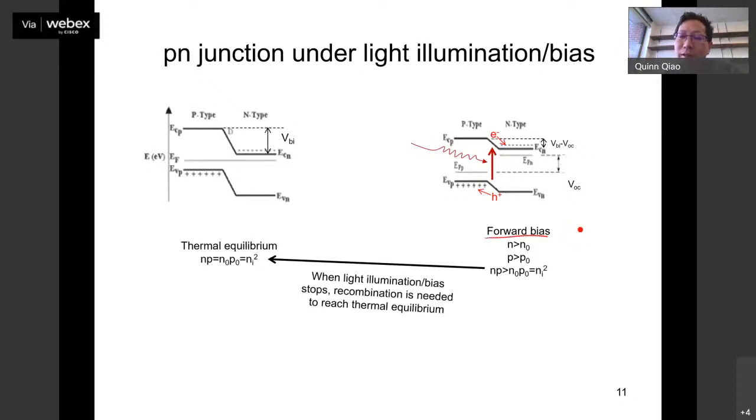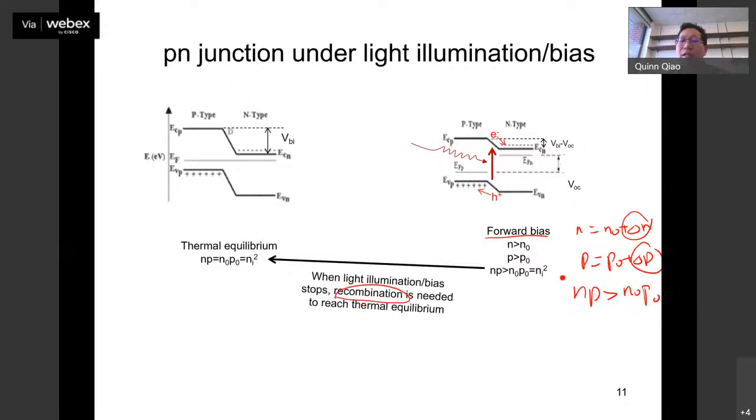Since n equals n0 plus delta n and p equals p0 plus delta p, your np will be bigger than n0 p0. So when you remove the sunlight, the system goes back to the left side, because you have extra delta n, delta p there and you have to do recombination.